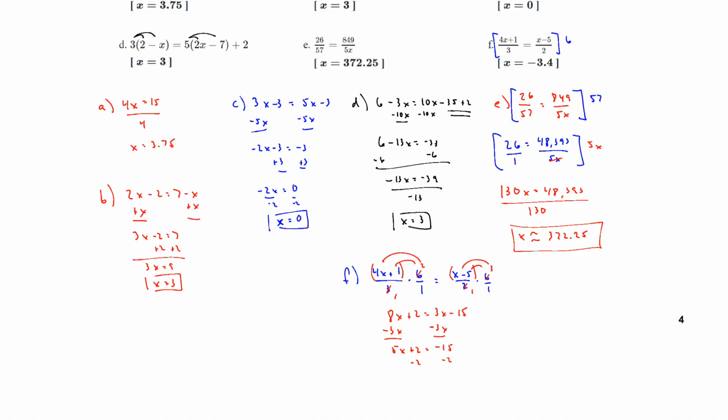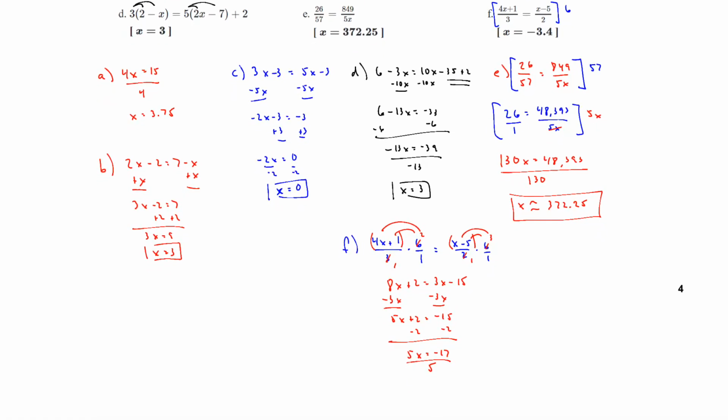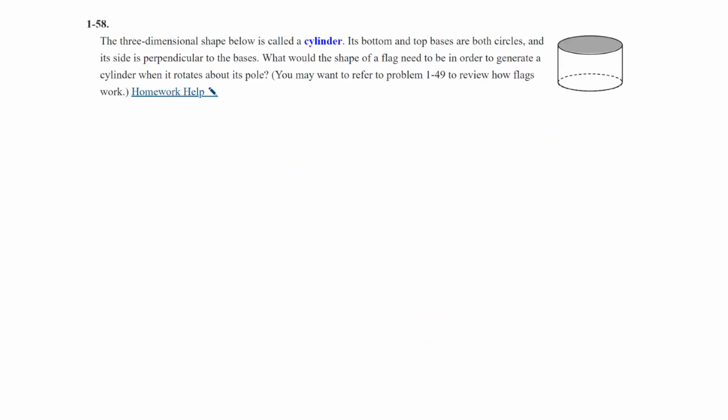Subtract 2. 5x is equal to negative 17, divided by 5 is negative 3.4. So continue to work on solving all sorts of different types of equations throughout all these homework assignments.